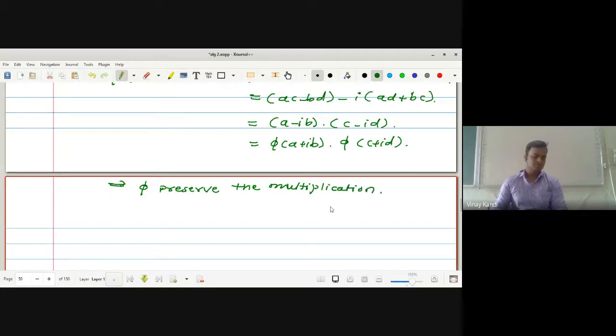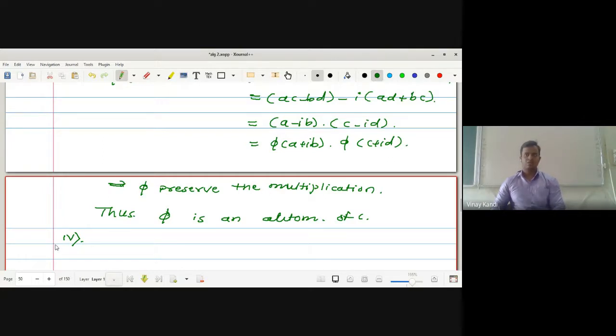Thus phi is an automorphism of C. Now step number 4: you have to prove that phi leaves every element of the base field fixed. What is the base field here?